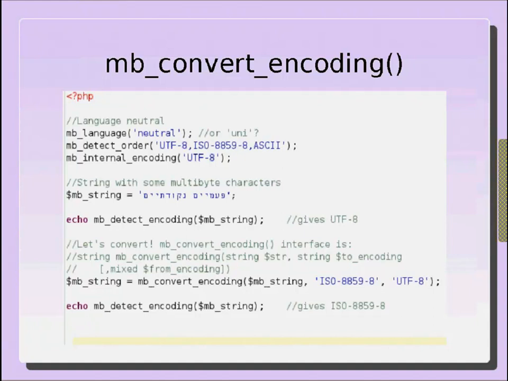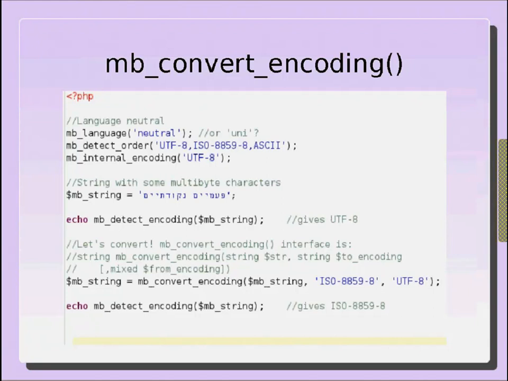That makes sense. So we can convert, and the interface is that you give it the string, and then the encoding that you want to convert it to. In this case, the ISO-8859-8 that I just mentioned.